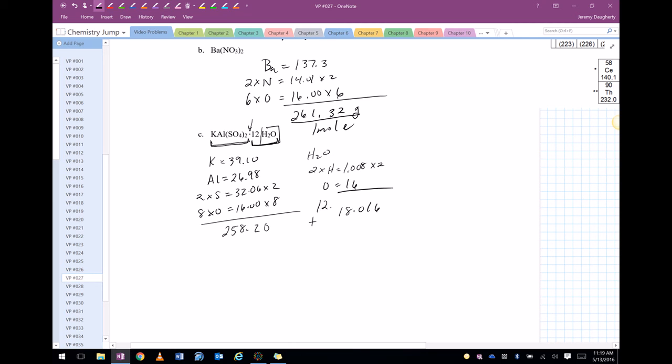So I get 12 times that value. So 18.016 times 12 is 216.192. I'm going to add these two together. So I get a value of, with sig figs, 474.40. That's how many grams are in 1 mole of potassium aluminum sulfate dodecahydrate.